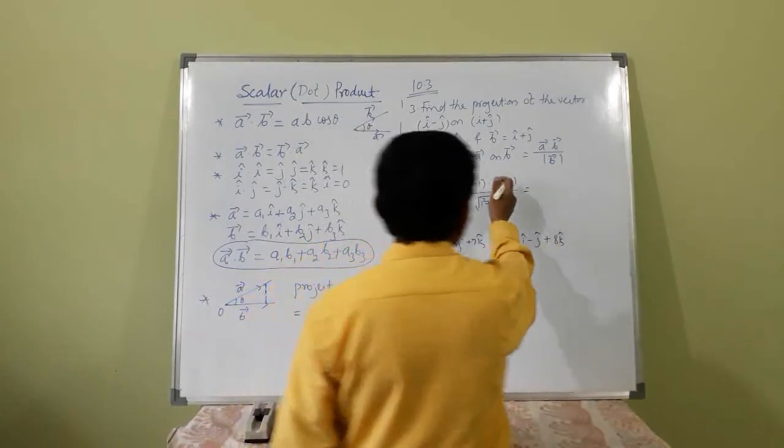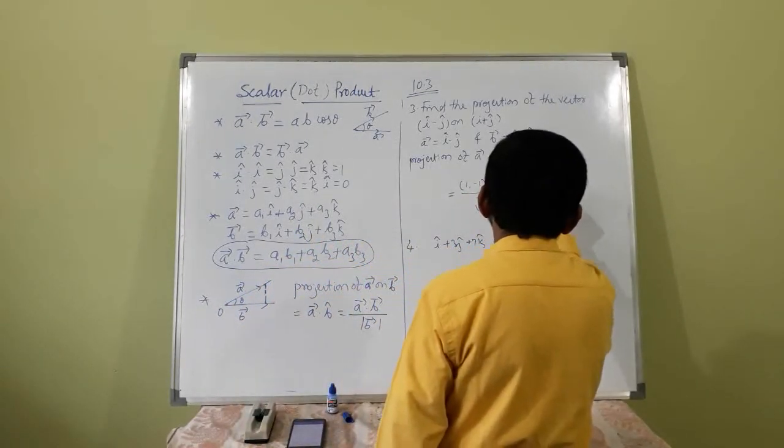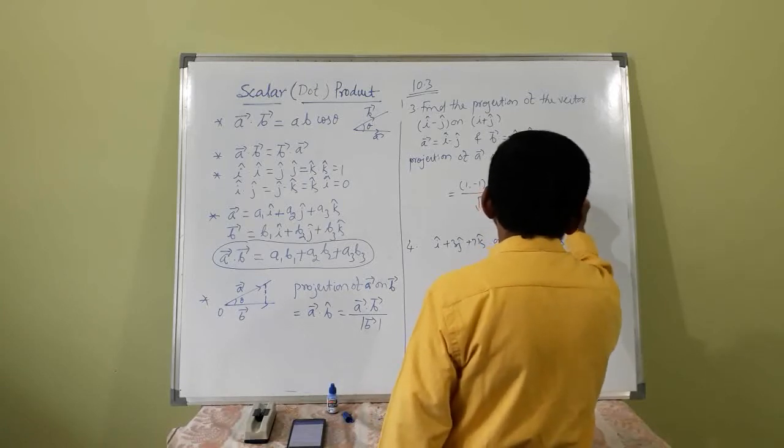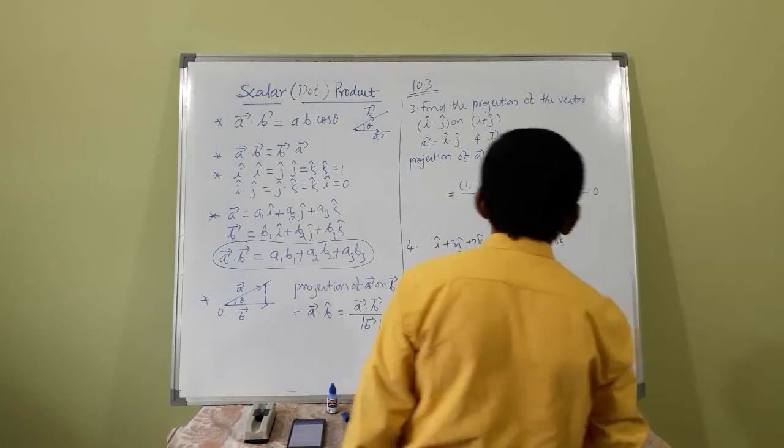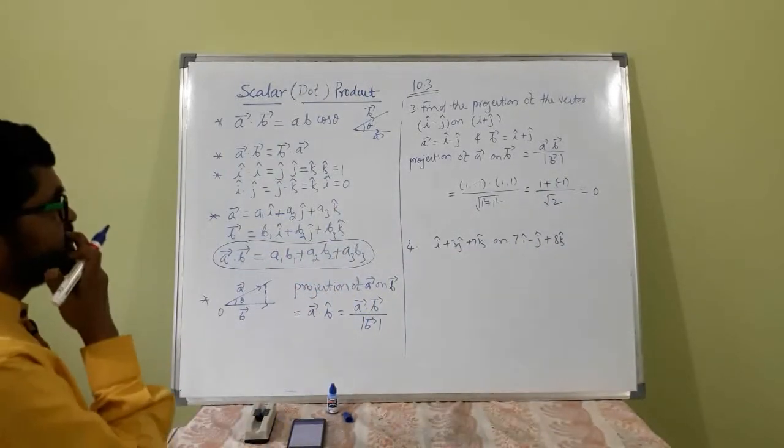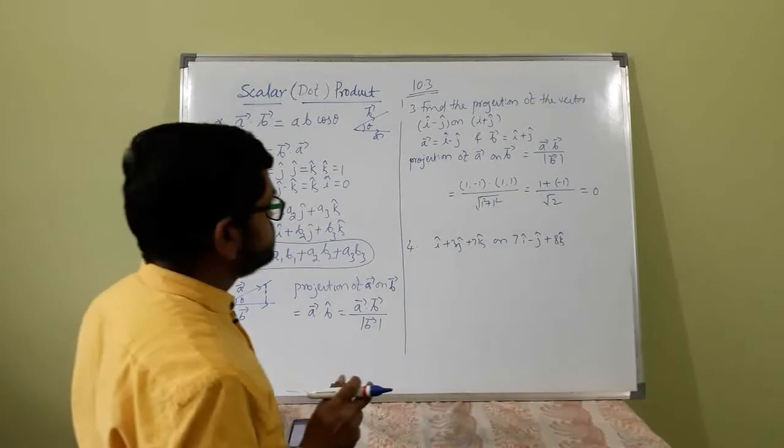So this is 0 divided by root 2, which is equal to 0. So the projection of A on B is 0.